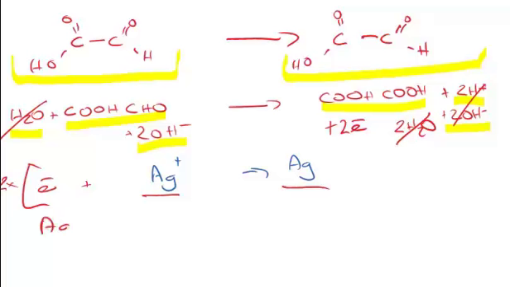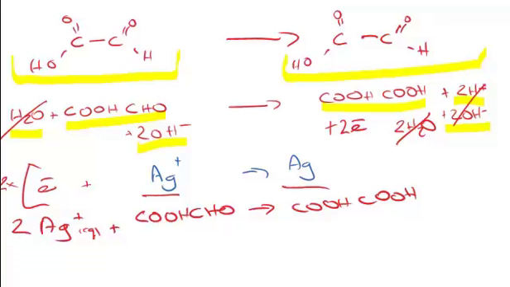So we'd have 2 Ag+ plus COOH CHO goes to COOH COOH, and I missed out the plus 2 OH minuses there, and plus 2 silver on that side, and plus, even though that cancelled there, that cancelled to make one water, because there was just one there, so plus H2O. So take care with your balancing and cancelling there, and that's that one.